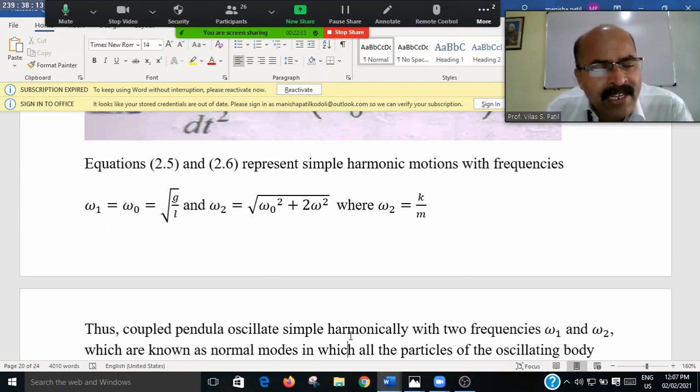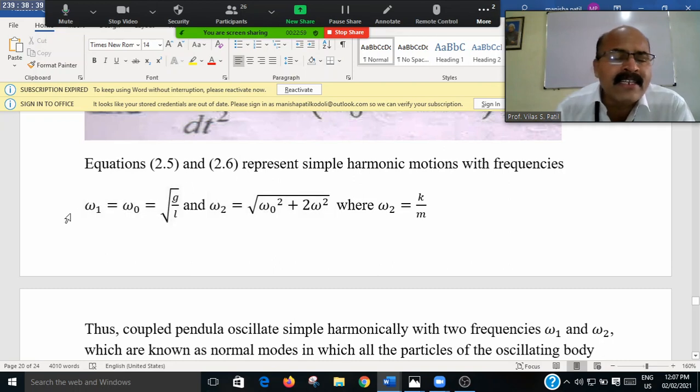Here g is the acceleration due to gravity, and L is the length of the pendula. Omega 1 is equal to omega 0, and omega 0 is equal to root of g by L. And what about omega 2? Omega 2 is equal to root of omega 0 square plus 2 omega square.